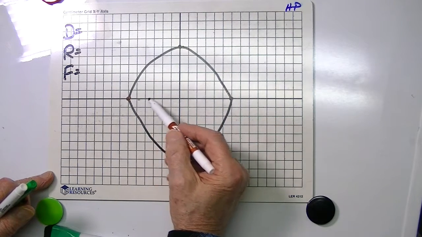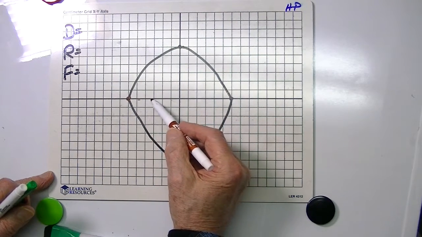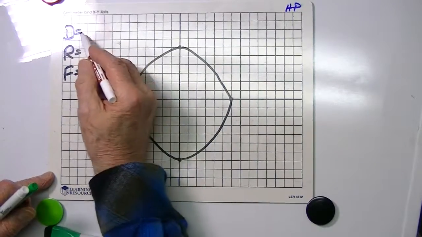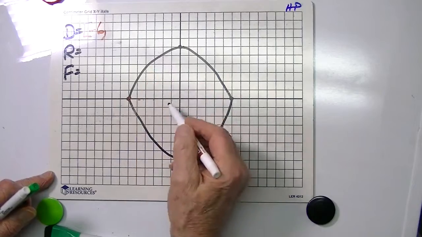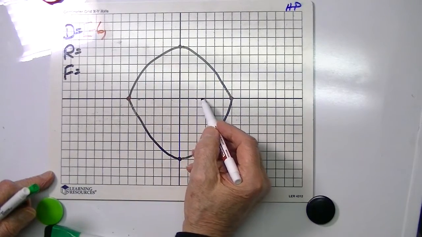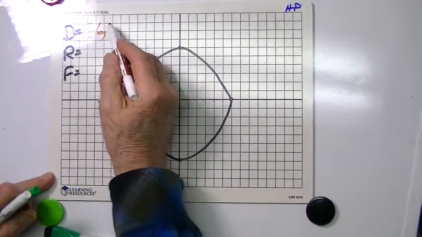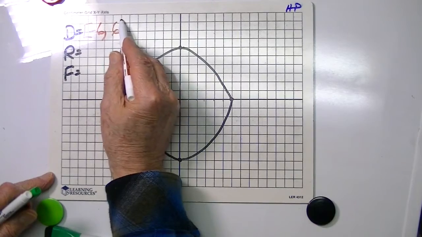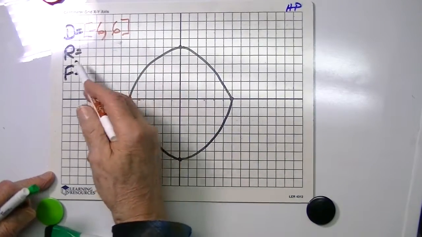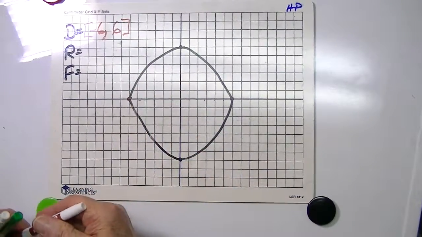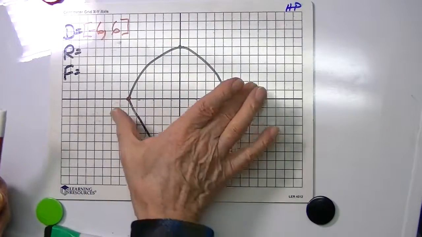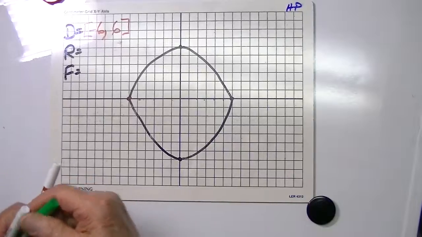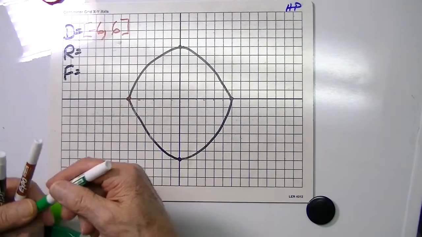So let's see what we have here. 1, 2, 3, 4, 5, 6. So 6 is included. And it goes up this way. 1, 2, 3, 4, 5, 6 also. So there's our domain. Now our range, again, we're taking the y values, projecting it to the y-axis.